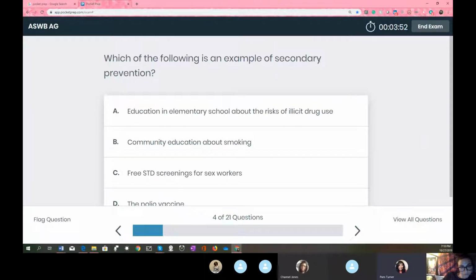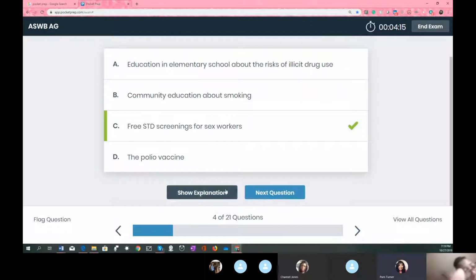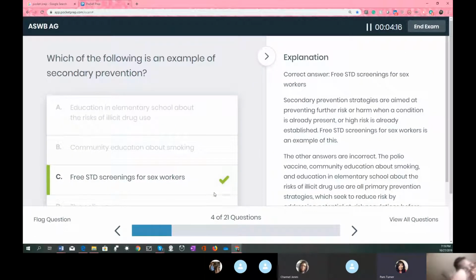Okay, here we go. Which of the following is an example of secondary prevention? We just did the first question. Okay. So explain to me why that's secondary. Somebody?